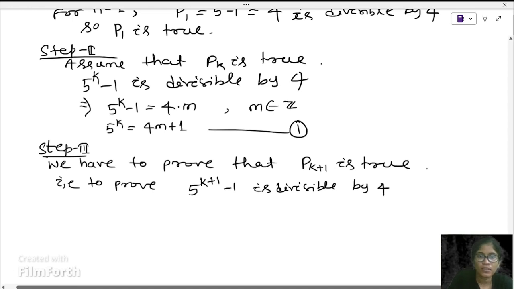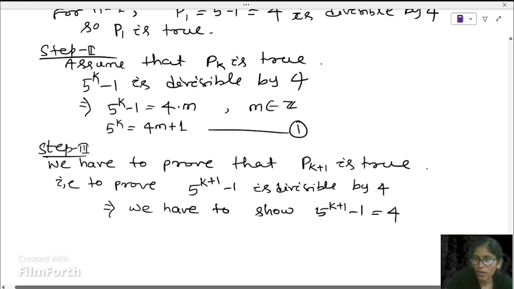That implies we have to show 5 to the power k plus 1 minus 1 is some multiple of 4. That means the multiple is like p.